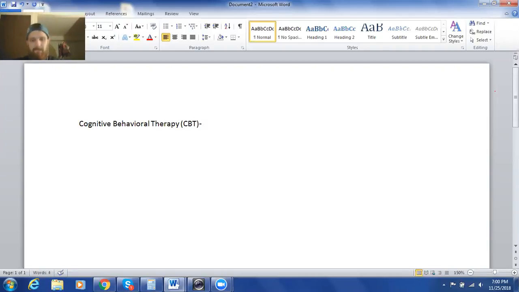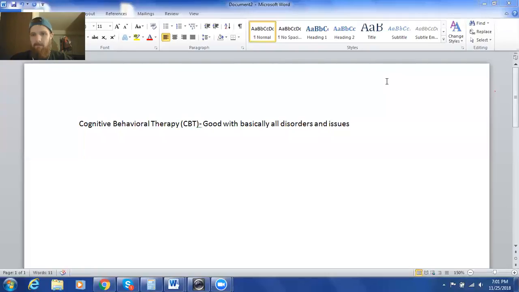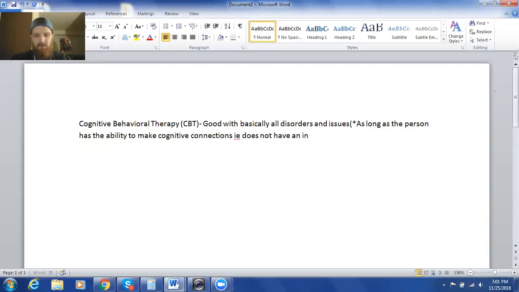And this is good with basically all disorders and issues, with the caveat as long as the person has the ability to make cognitive connections, so i.e. does not have an intellectual disability and or a struggle with cognition, such as like a brain injury or something like that.